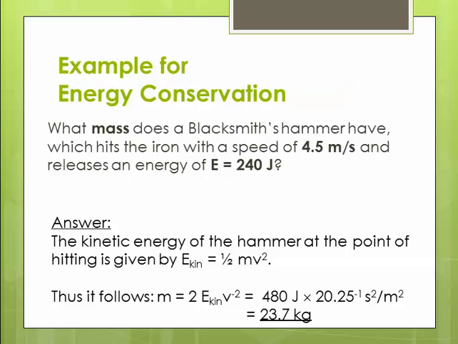It is 4.5 meters per second. The only thing that we do not know yet is the mass. So everything is known in this equation, except the mass. Let's rearrange this equation. It is given by m equals 2 times Ekin times 1 over v squared.